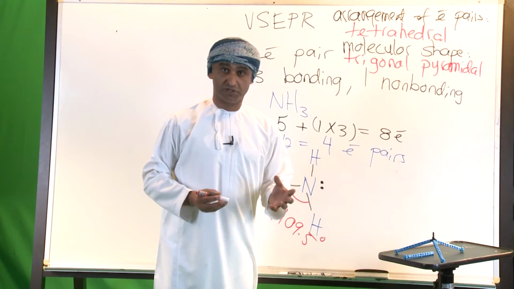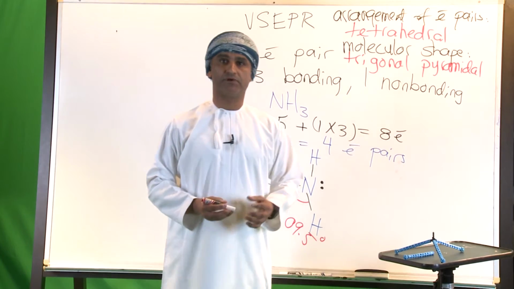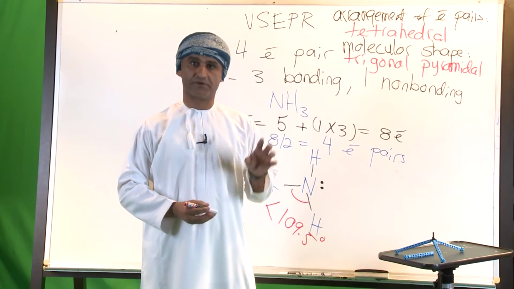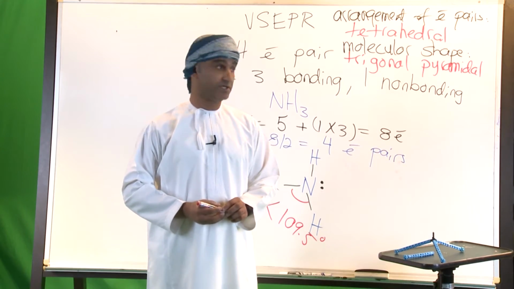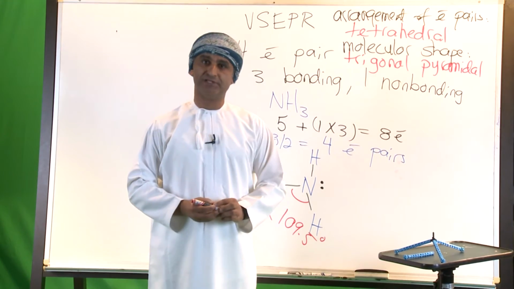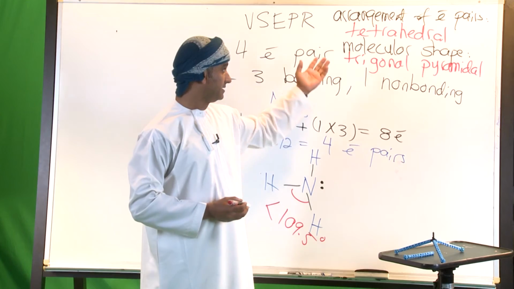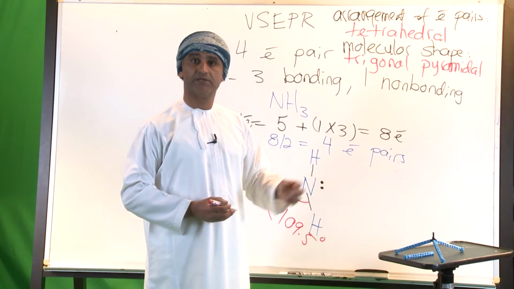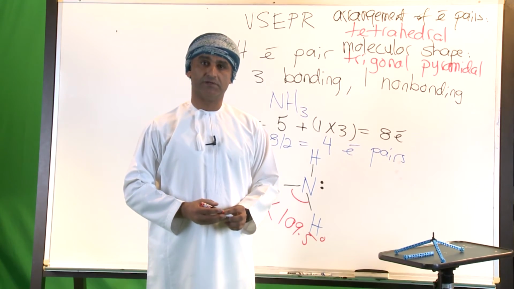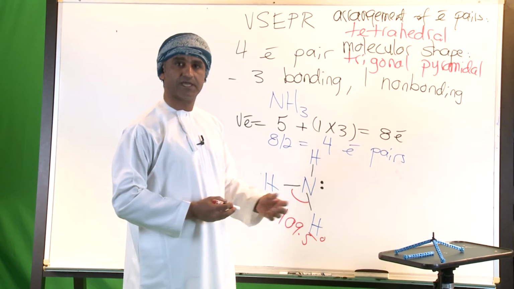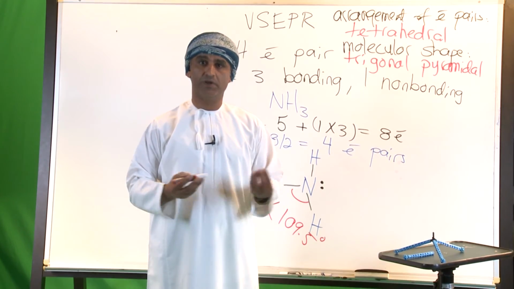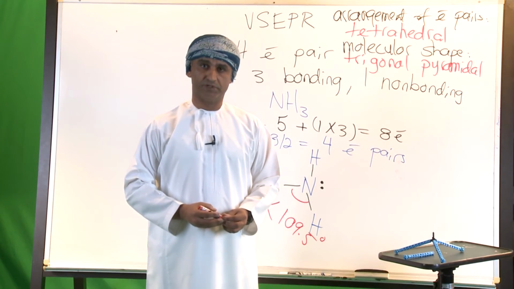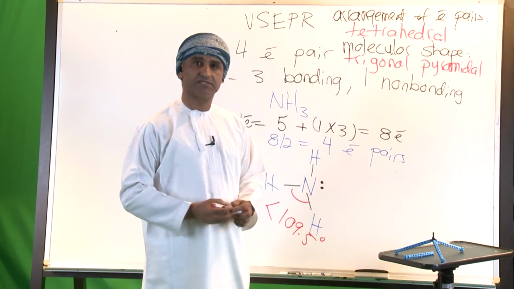Now, to conclude, ammonia is an example of an electron pair case where 3 of them are bonding, 1 of them is non-bonding. The orbital shape or the arrangement of electron pairs is tetrahedral, whereas the molecular shape is trigonal pyramidal. The bond angle in the case of ammonia is scientifically represented as less than 109.5, and that's because of the presence of a lone pair.